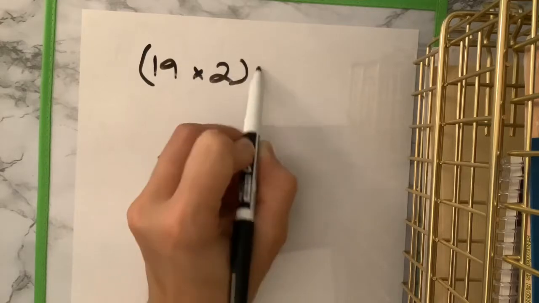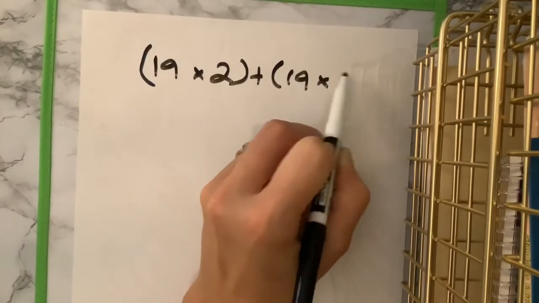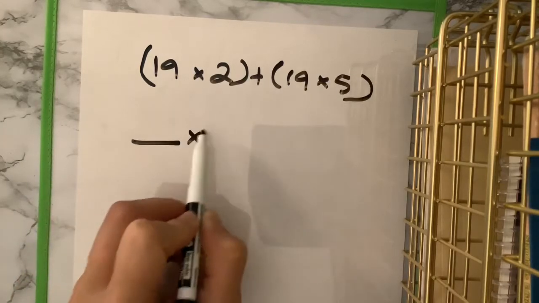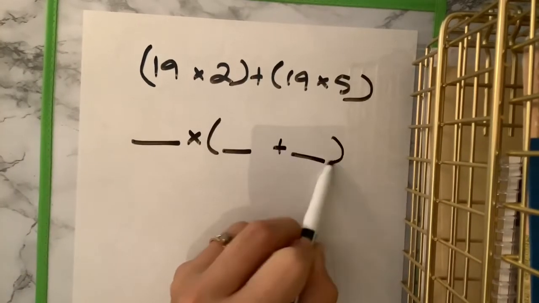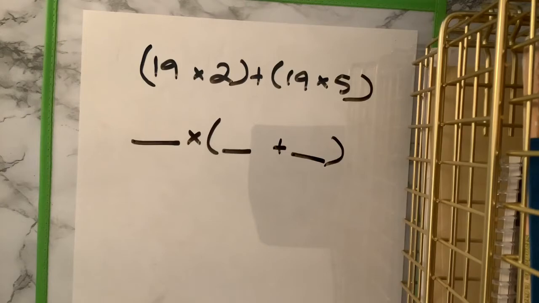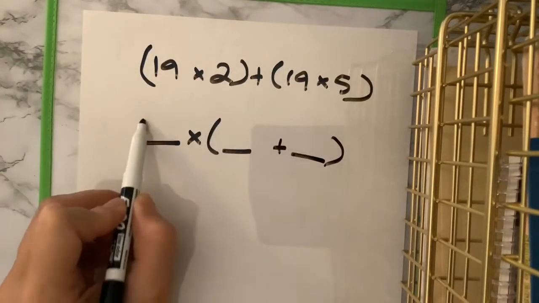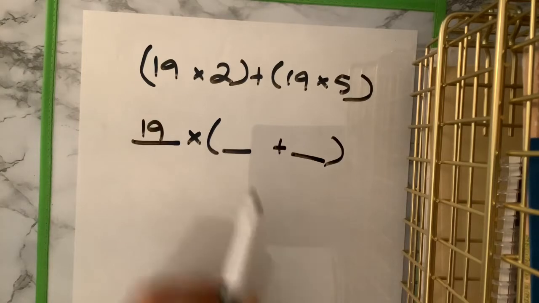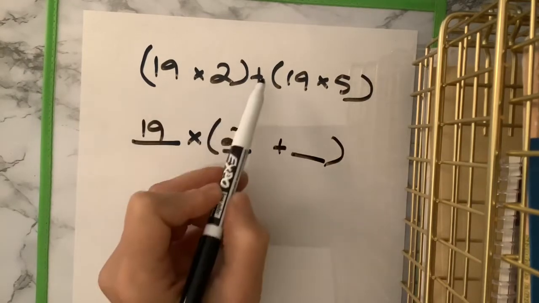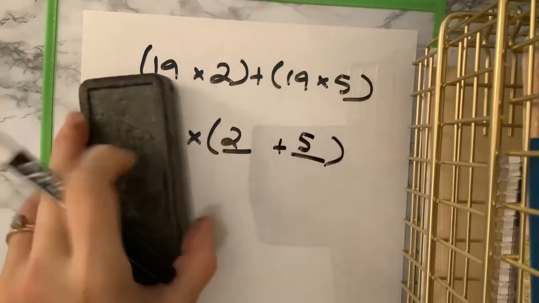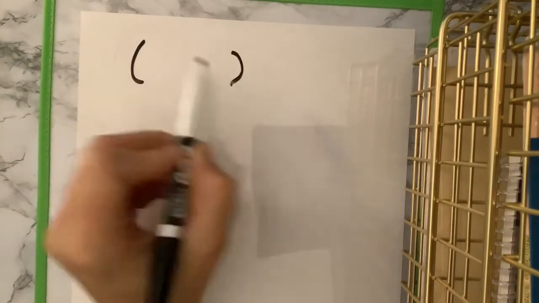And then I'll make it a little trickier for you. So again, our format for our answer is going to look like this. What number appears in both places? 19. So that's the number we pull out. Now we say 2 plus 5. We're going to do 2 more where the number that has been distributed is in the first spot.